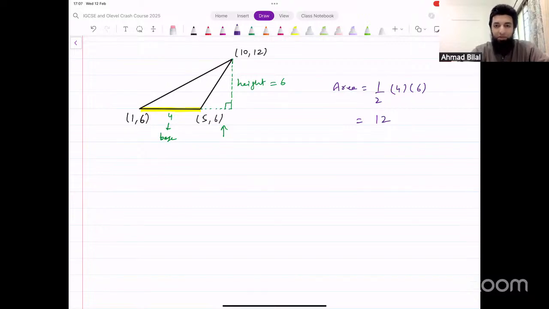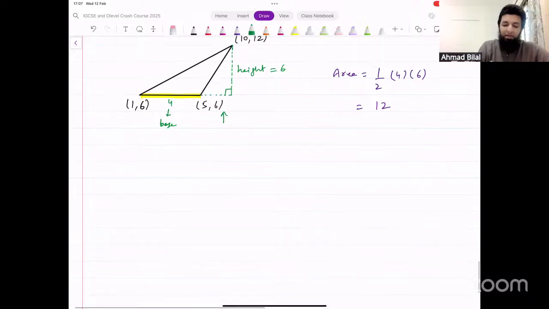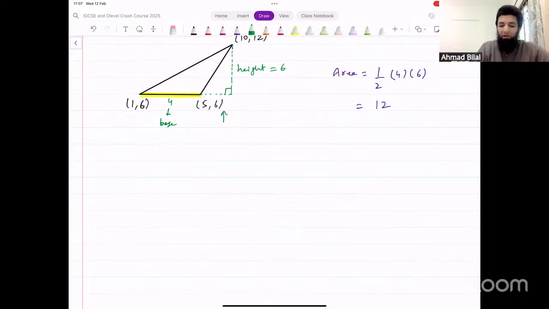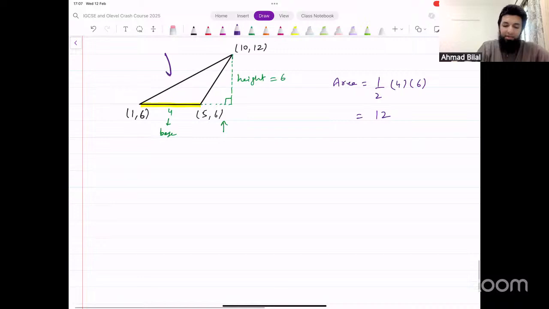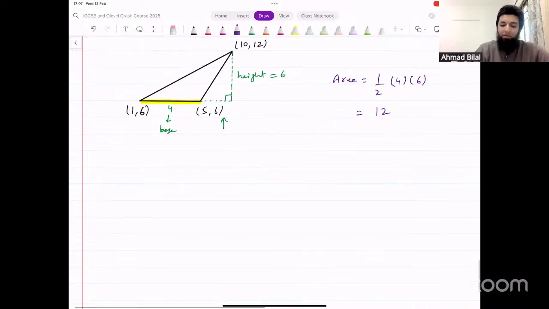Okay, so sometimes we can end up having the height of the triangle outside the triangle as well. Okay, base has to be one of the 3 sides. Height sometimes might be one of the sides, or it might not be a side. Like in this case, it's not any one of the 3 sides. Now it can happen in case of triangles like this. It can also be some other triangle.